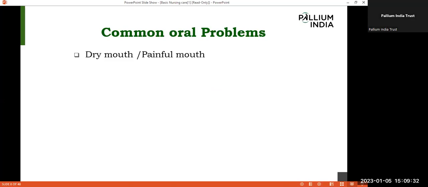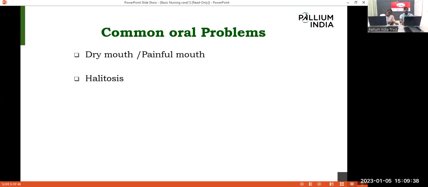Then what are the common oral problems we are going to face, or need to prevent, or need to manage? First one, dry mouth. Dry mouth occurs even if the patient is in a dehydrated state, or if the patient is not taking any fluid orally, not even sips of fluid, it will cause dryness of the mouth.